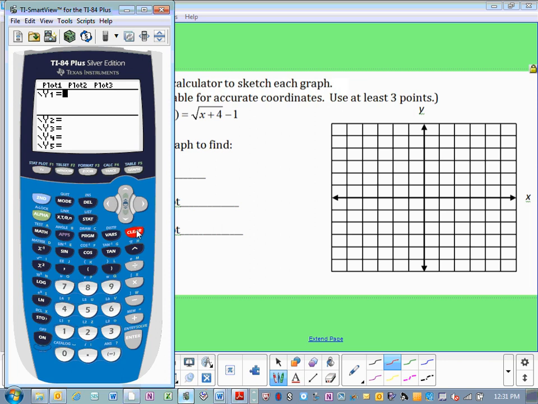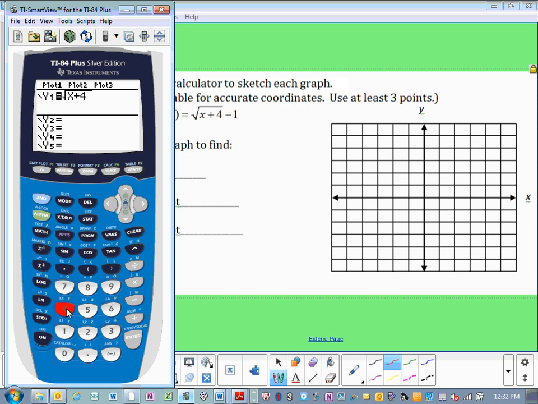So in your calculators, guys in the back, you with me? We're doing square root of x plus 4. If you're using a TI-83, one of the older calculators, you need to parenthesize the x plus 4 inside the square root. I don't think anyone in here has an older one.